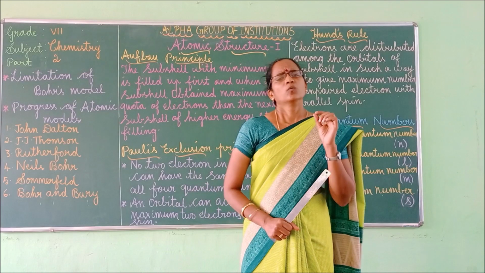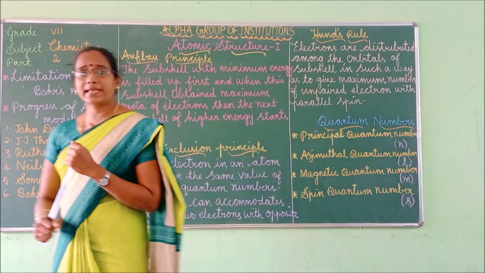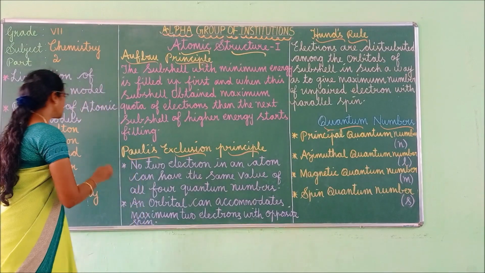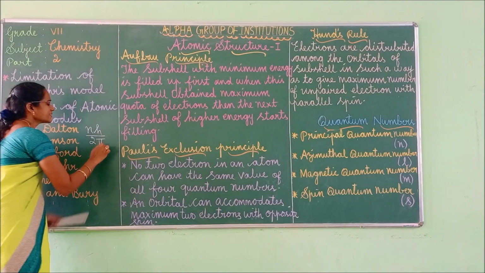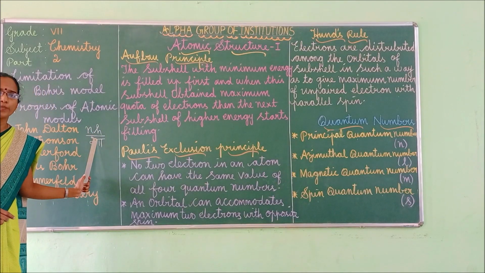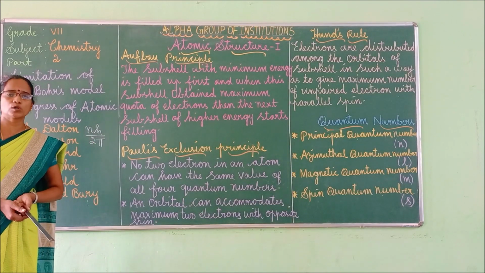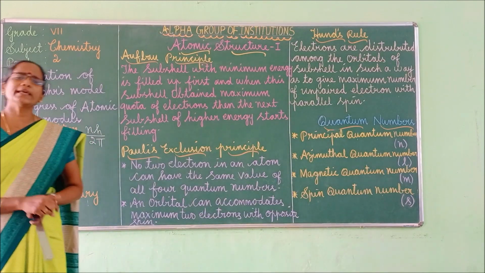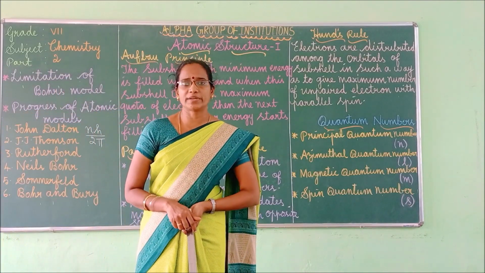Next one, why the angular momentum of the revolving electron is equal to nh by 2 pi has not been explained clearly in Bohr's atomic model. Hence, this comes under the limitation of Bohr's atomic model. Already in the previous class, we discussed angular momentum.